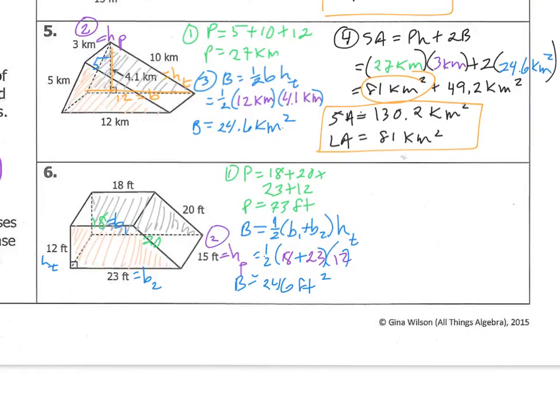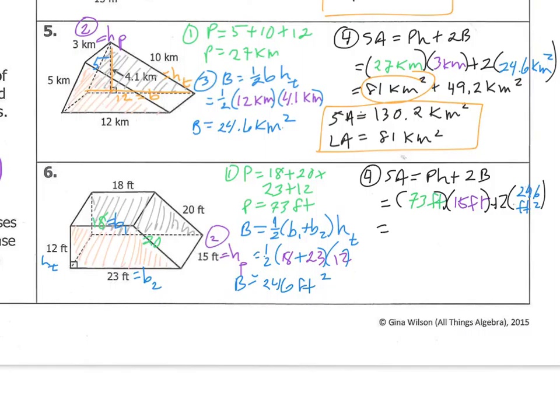So now we've gathered everything that we need for our formula. So step 4, surface area is equal to pH plus 2 big B. So our P is 73 feet. Our H was 15 feet. Plus 2 times our big B, which is 246 feet squared.